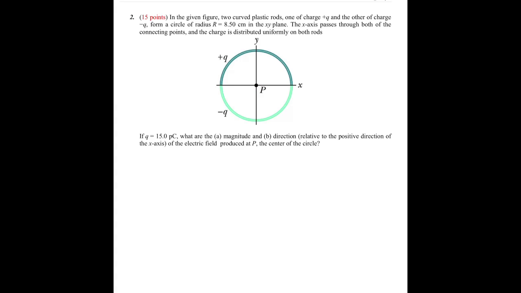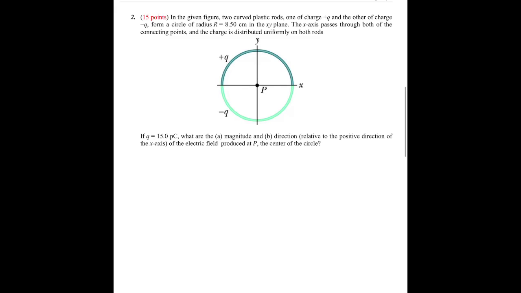Okay, now I'm going to consider positively charged rod. The total charge on this rod is Q. Then we're going to define linear charge density, charge per unit length, lambda. Lambda equals total charge divided by length of this curved plastic rod.